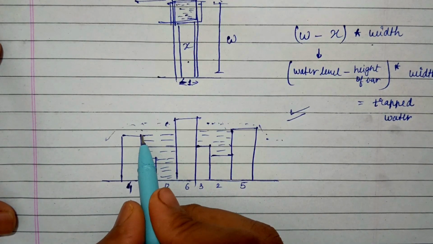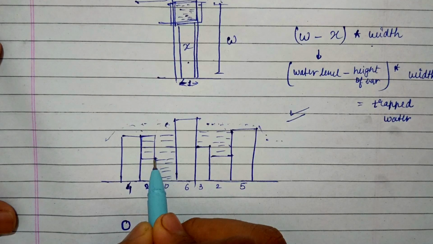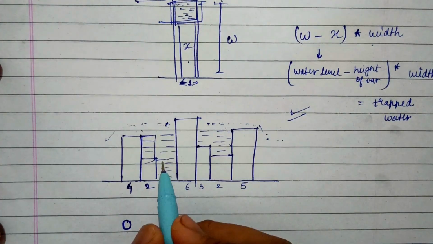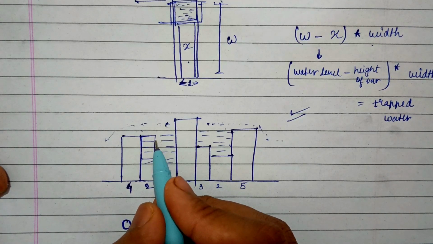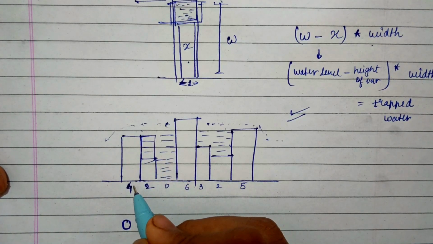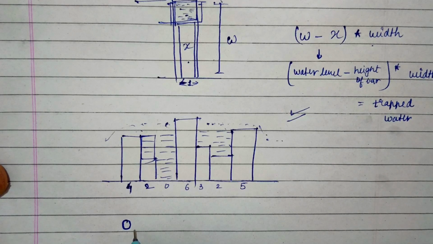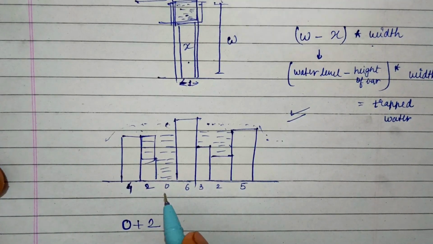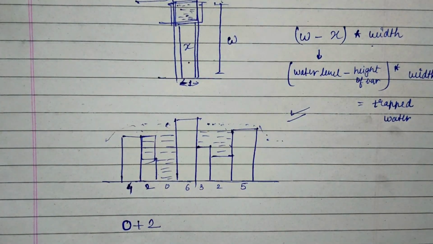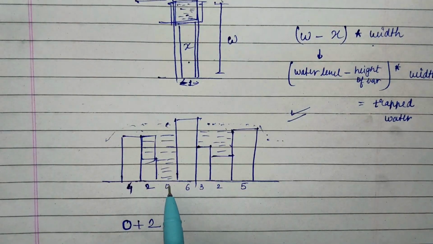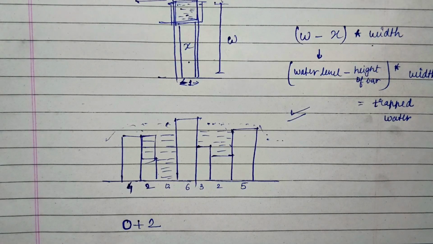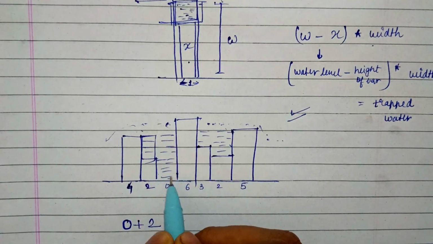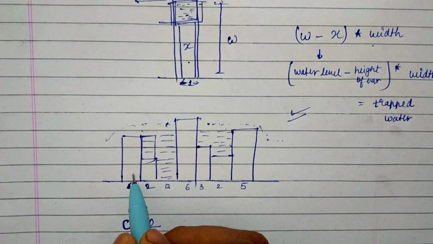It will trap till this. So water will trap till 2 minus the bar's height. This will be 2. So water will trap with this only. Then here there is no bar, so the water will trap till the left boundary, that is 4.